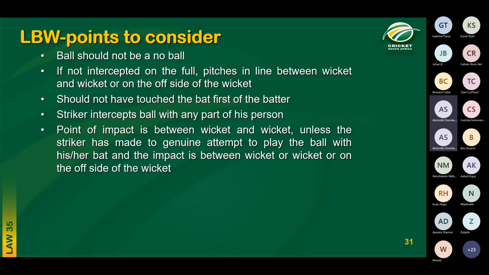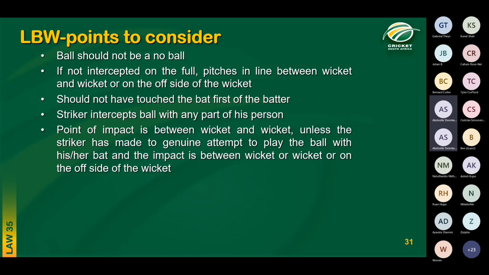When it comes to the point of impact, that point of impact needs to be between wicket and wicket. There's one exception where you can consider it if the impact was not between wicket and wicket, and that is if the striker made no genuine attempt to play the ball with his or her bat.